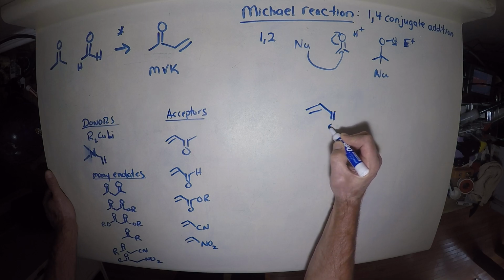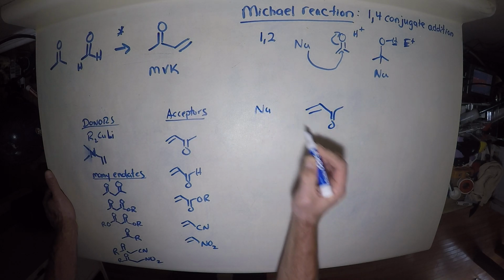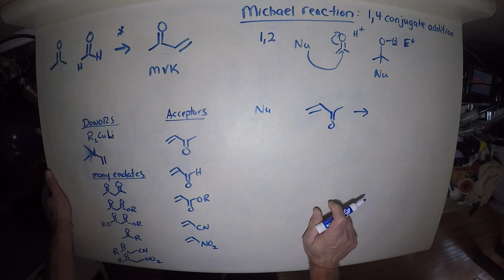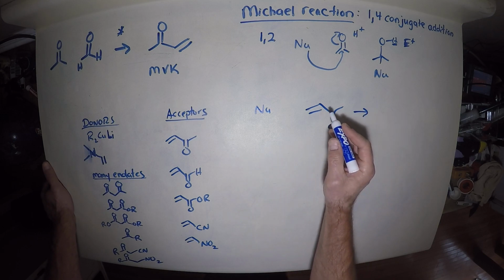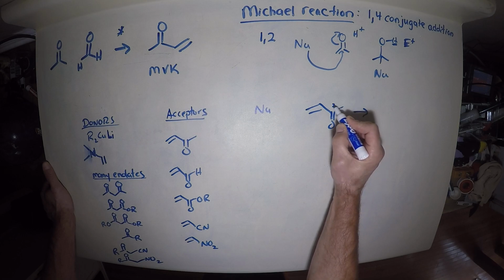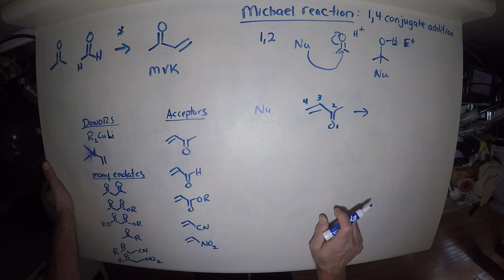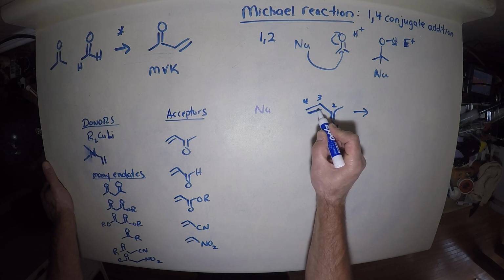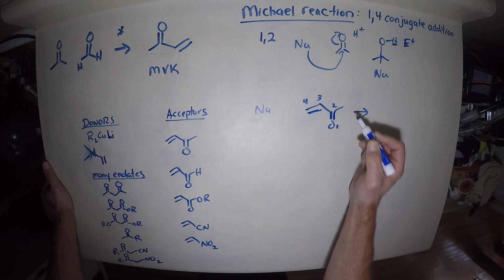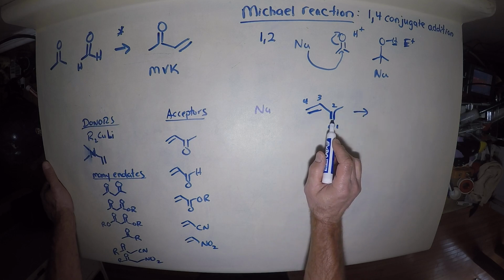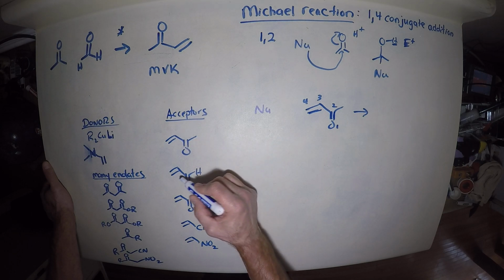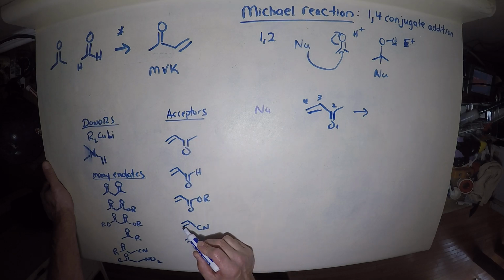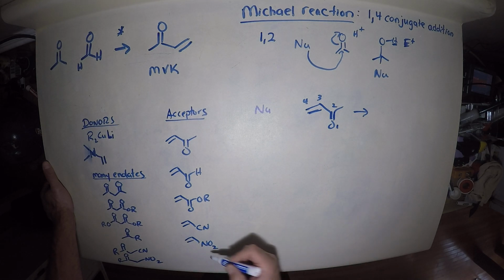using methyl vinyl ketone and a nucleophile, the 1,4 modality is a way to describe how the nucleophile and subsequent electrophile add to the overall conjugated system, whether it be an enone, an enal, an enester, a cyanoacrylate, or a vinyl nitro compound.